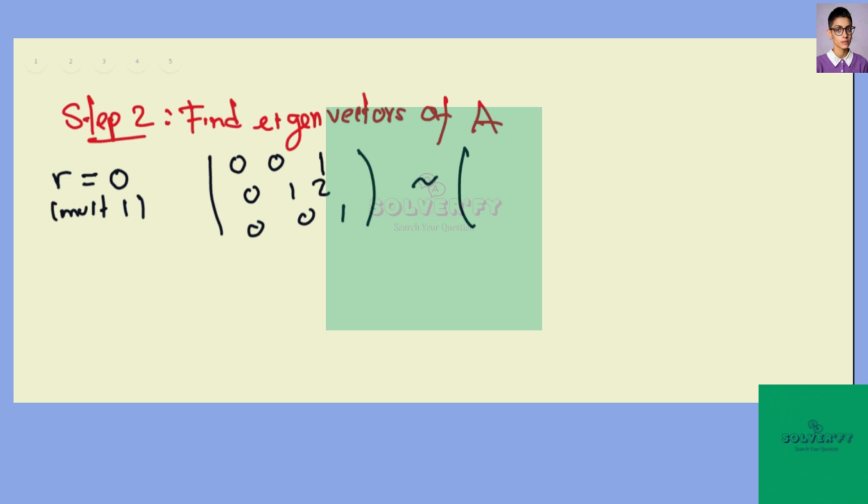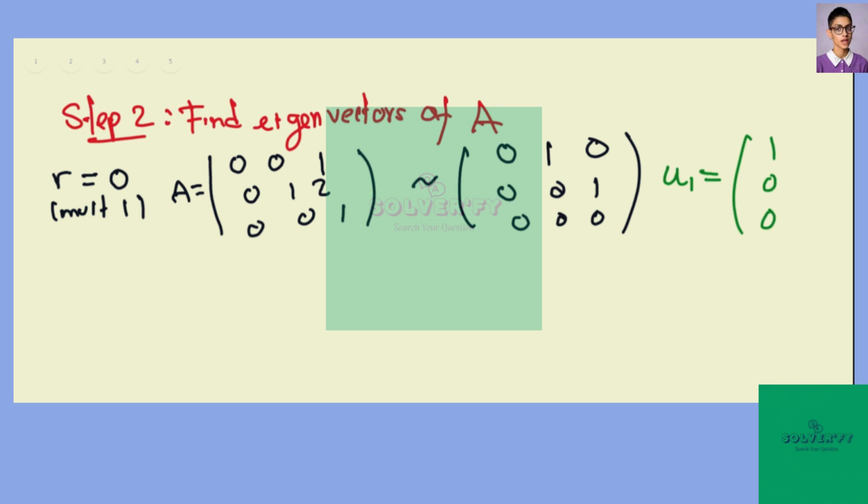This matrix is row equivalent to the matrix 1, 0, 0, 0, 1, 0, 0, 0, 0. So the null space of this matrix is spanned by the vector u1 equal to 1, 0, 0.